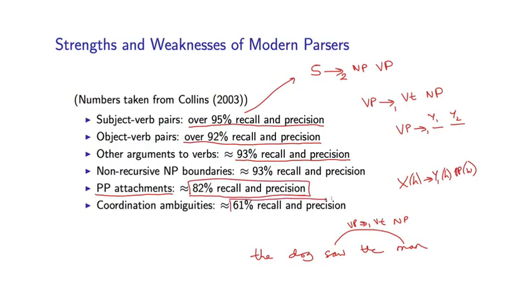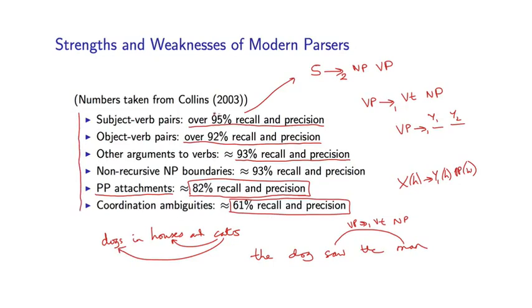If we look at coordination, so these are things like dogs in houses and cats, where cats could modify either houses or dogs. These are even lower accuracy. These are very, very difficult. So the take-home from this is, I think, that the core structure of these parsers is quite good.